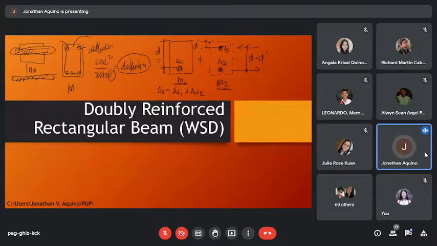So if we take moment about compression or tension, M2 is just simply AS2 Fs times D minus D prime. Same true with compression reinforcement, AS prime times Fs, compression steel, times D minus D prime.